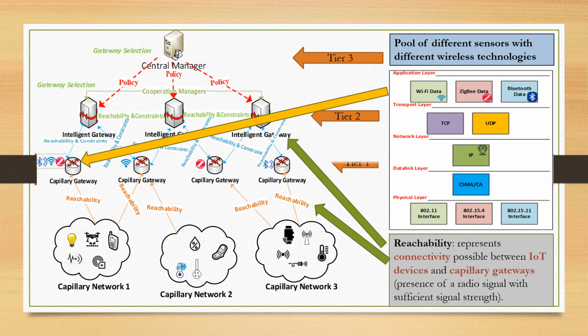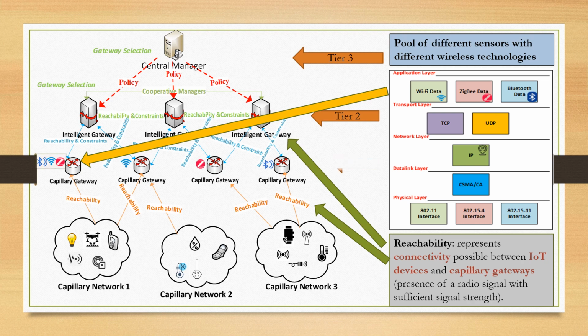On the right side we have the protocol stack of the proposed capillary gateway, where it can deal with several network technologies: the 802.11 standard, the 802.15.4, and the 802.15.1.